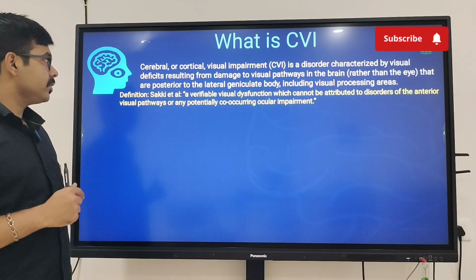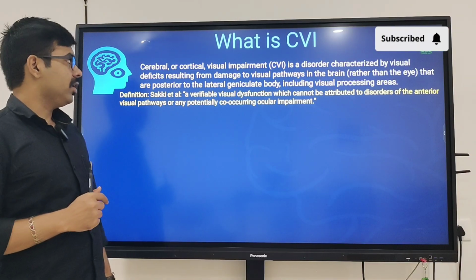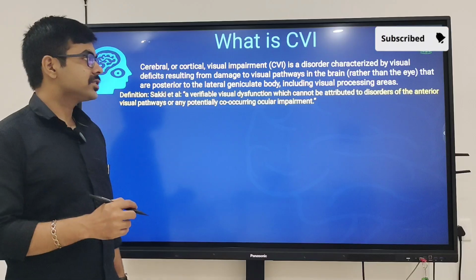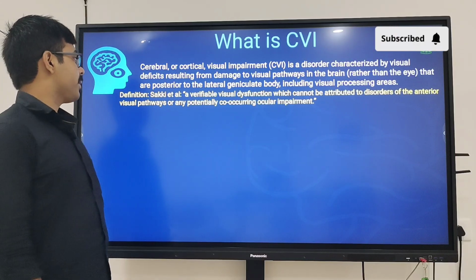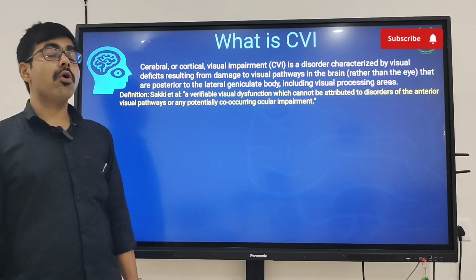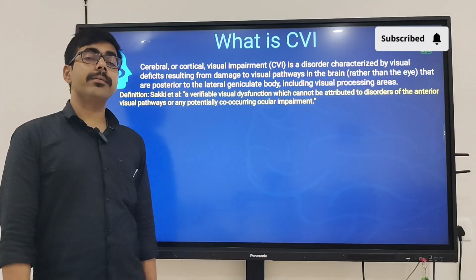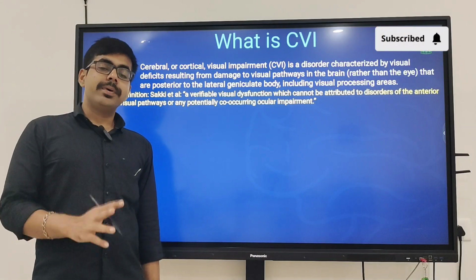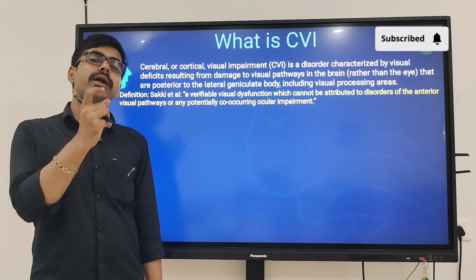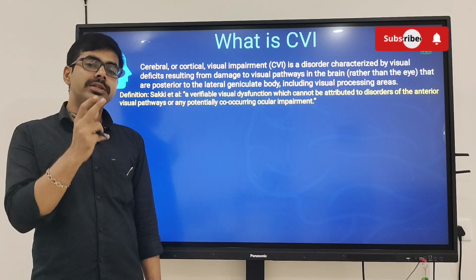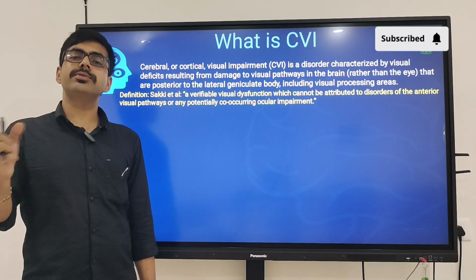Next is, according to Saki et al., a verifiable visual dysfunction which cannot be attributed to a disorder of the anterior visual pathway or any potential co-occurring ocular impairment. It means whenever we see a cataract, according to the grade of cataract we can judge that the patient might have this much visual acuity.